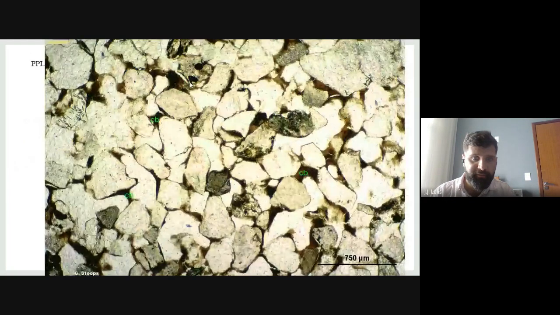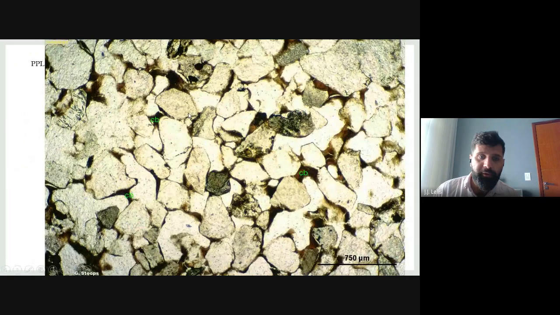So the coarse material, the sand grains, are connected by clay coatings. These clay films, these clay coatings, also help us to identify this horizon as an argic horizon. Even if it did not follow the minimum clay content increase, if it presents more than 15% of clay coatings, we can identify it as an argic horizon, okay?